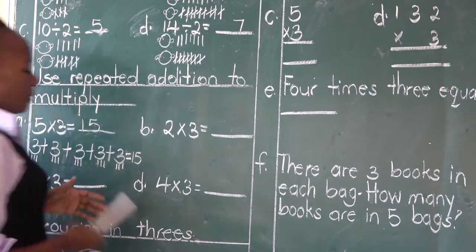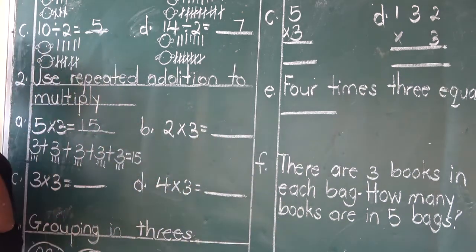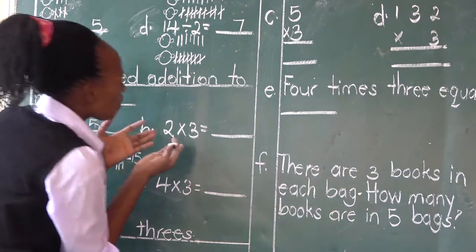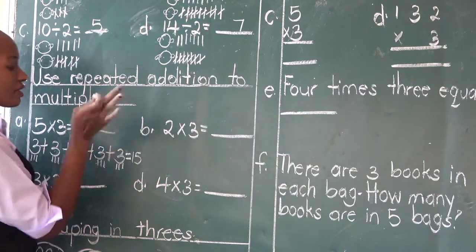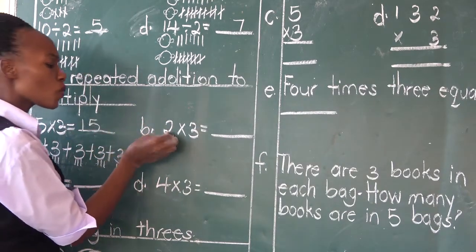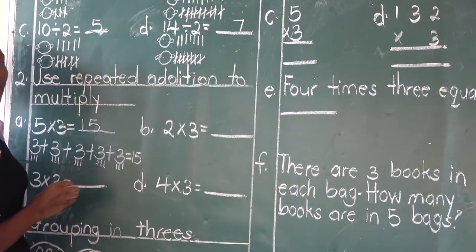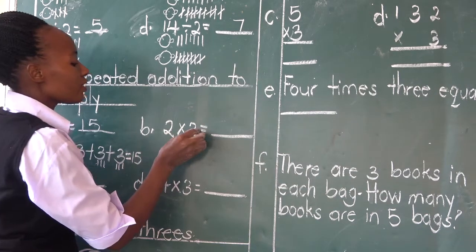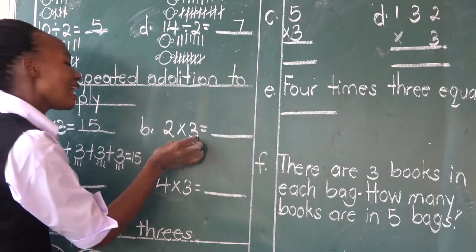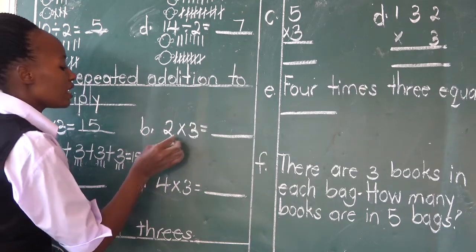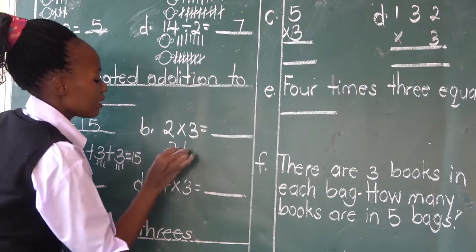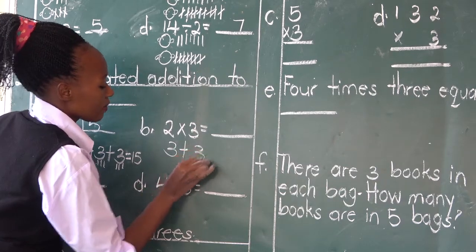Okay, still, let's go to this using repeated addition. If they ask you to use repeated addition when they have not put the dash, what will you do? Here we shall first use the groups. We say 2 groups of 3. You are going to write 3 two times.